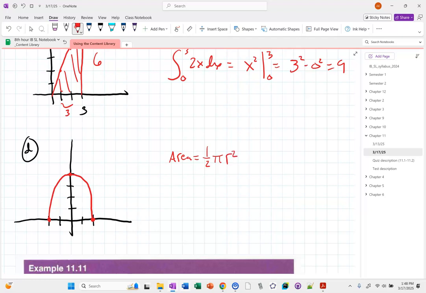Pi r squared, and since it's half a circle, you take half of that. The center would be at the origin here, and the radius would just be 2. Semicircle would be a great description of this. So we just get 2 pi for our answer, right?